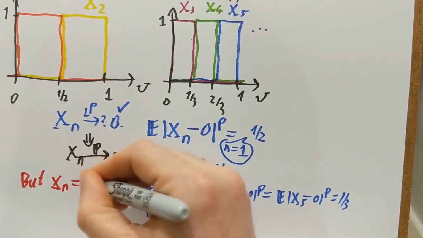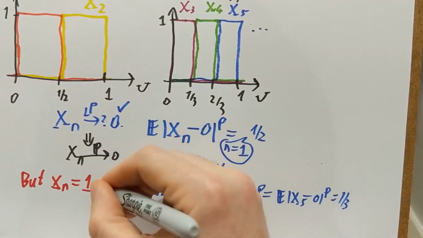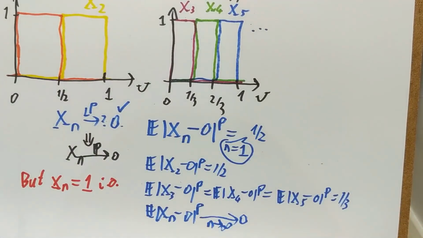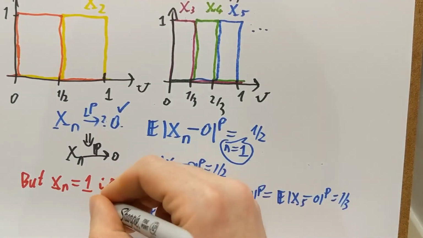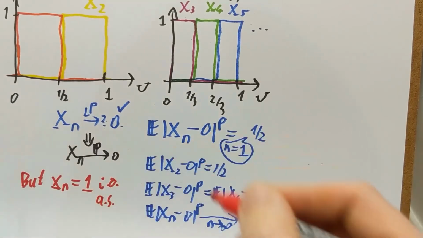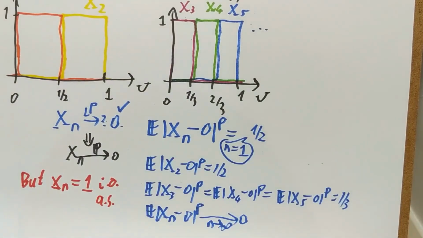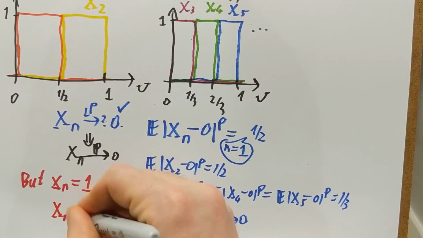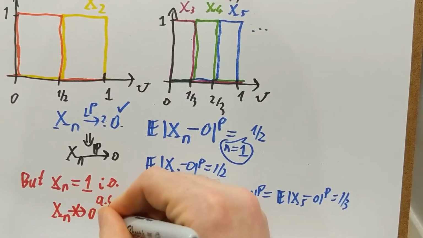Xn is 1 infinitely often. In other words, for infinitely many indices n, Xn is 1 almost surely. On the probability 1 event that U is not rational, there is always a later index n so that Xn is 1, which means that this sequence Xn cannot converge to 0 almost surely.